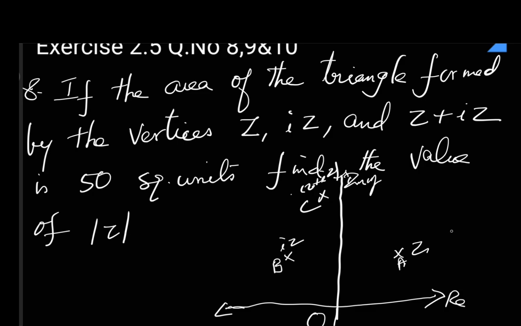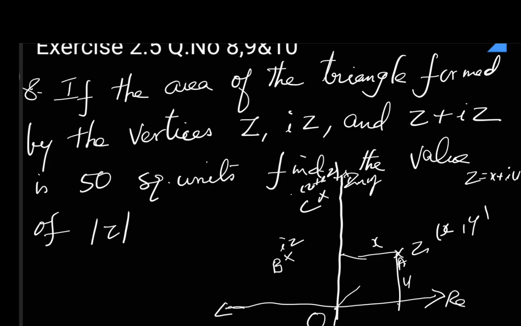See, actually z is x plus iy. So x is the real value, y is the imaginary value. From the x axis you get this y, and from the y axis you get the x value.